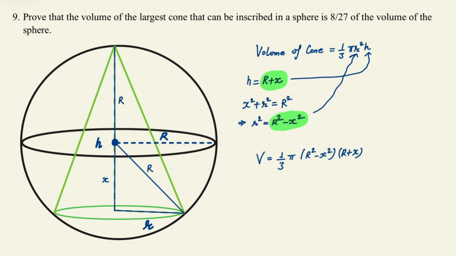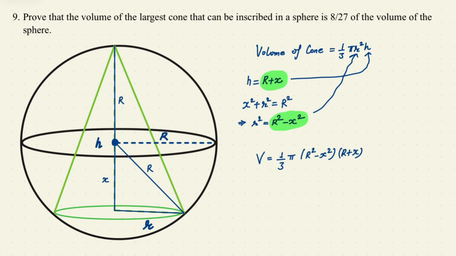One thing to note is that this is a given sphere and the radius we have assumed, capital R, is to be treated as constant. That means in the formula of the volume, the variable is only x and R is to be treated as constant.